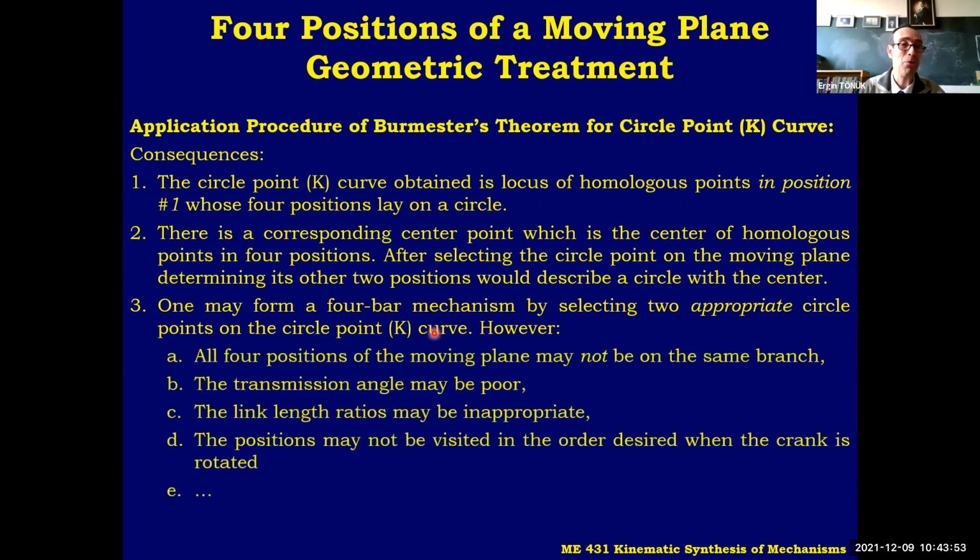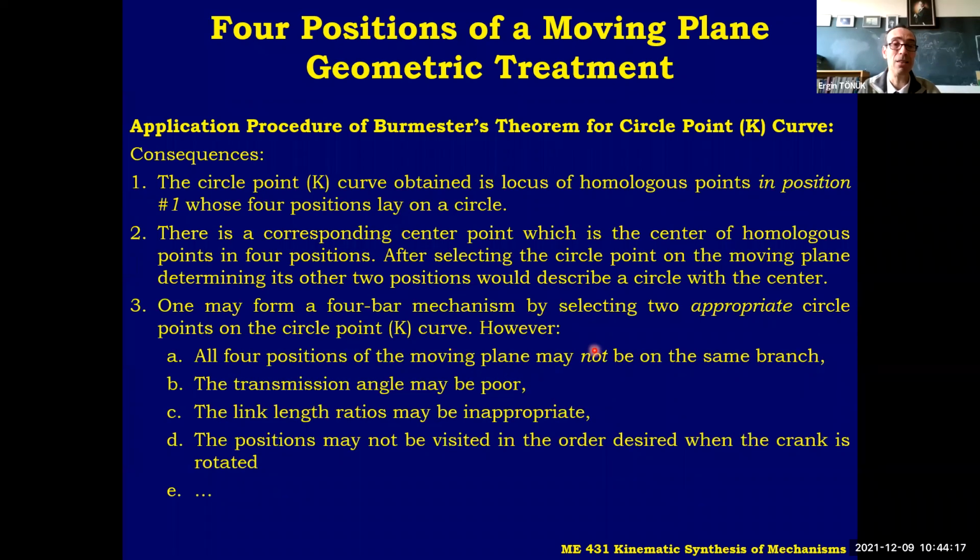These are some of the common troubles we may face. Number 1, all 4 positions of the moving plane may not be on the same branch of the mechanism we design. That is, the theory guarantees that the mechanism exists in those 4 positions.